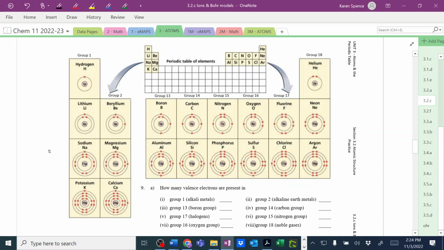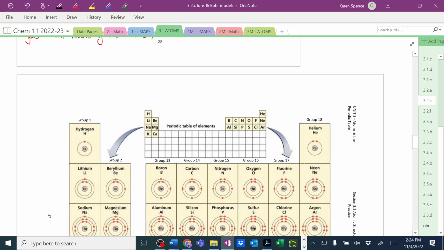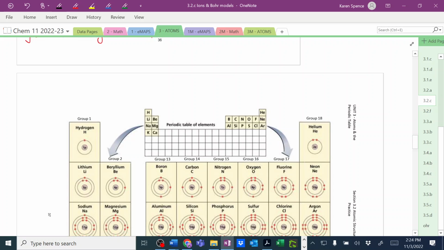Okay, first of all, do you remember what a period is in the periodic table? A period is a row. It goes this way.